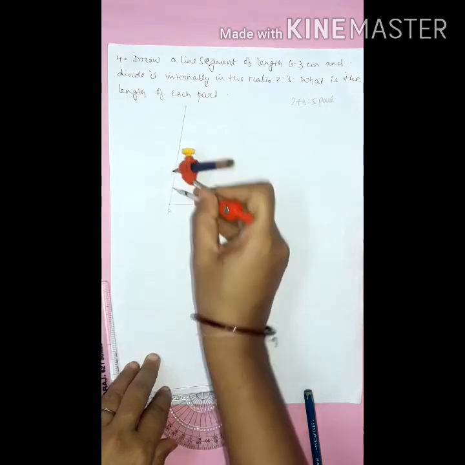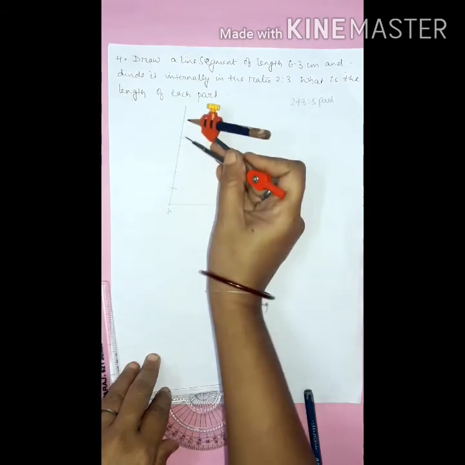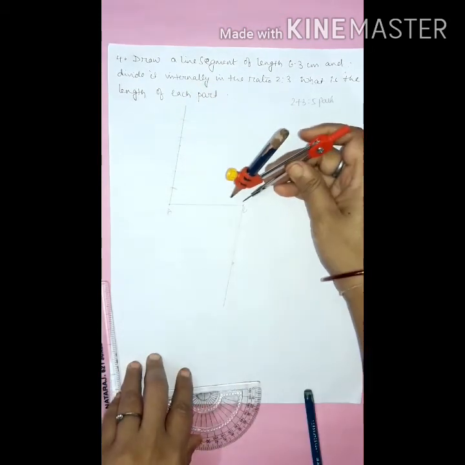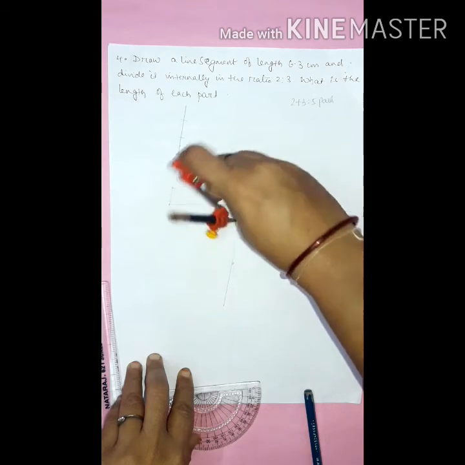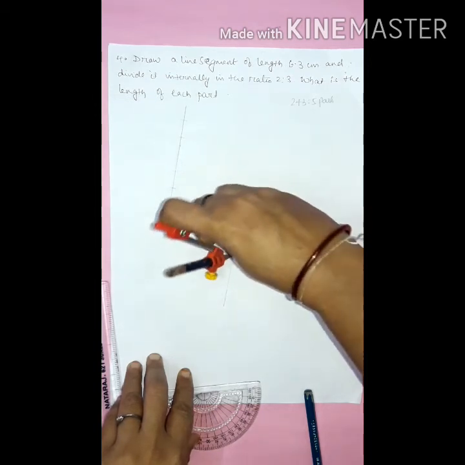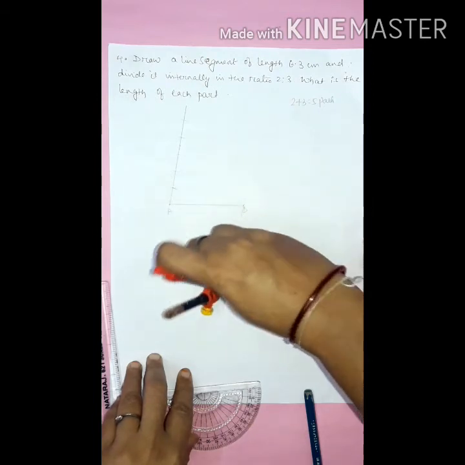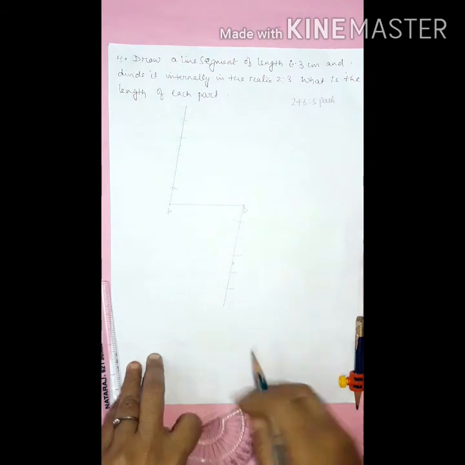1, 2, 3, 4, 5. From B also you can construct 1, 2, 3, 4, 5. So now what happens?